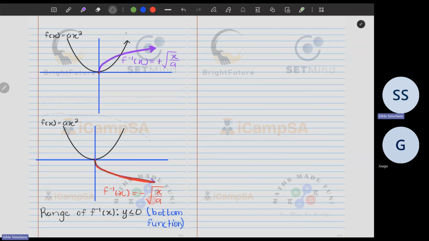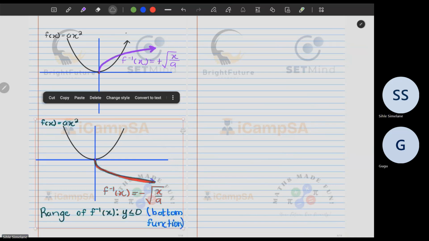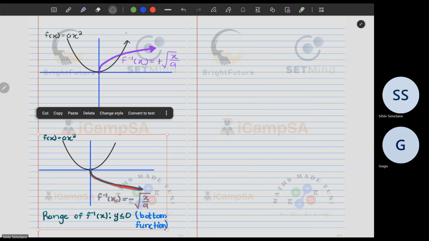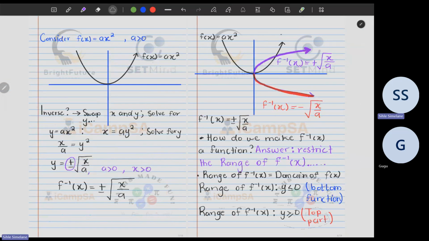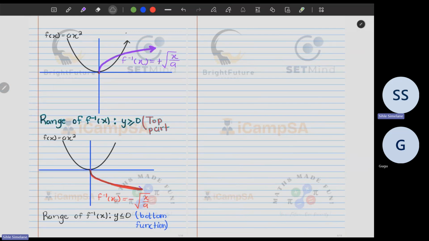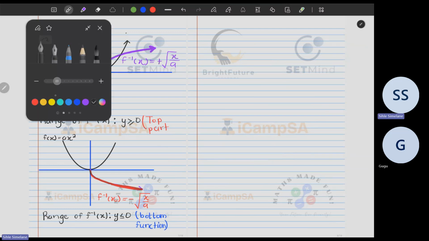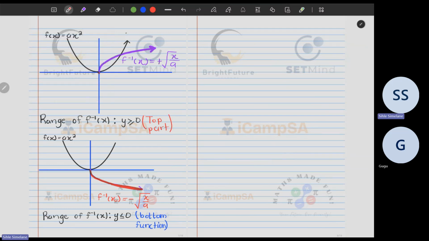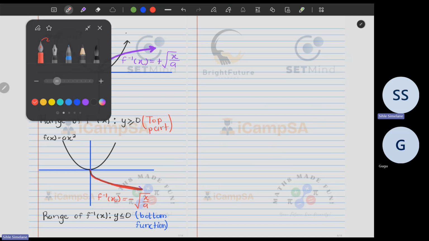Then the top one, let me make some space. For the top one, we would put in this restriction on the range of the inverse. And remember, the range of the inverse is the same as restricting the domain. So this would lead us to having the top part. Okay, so this is done. Do you understand what I did?